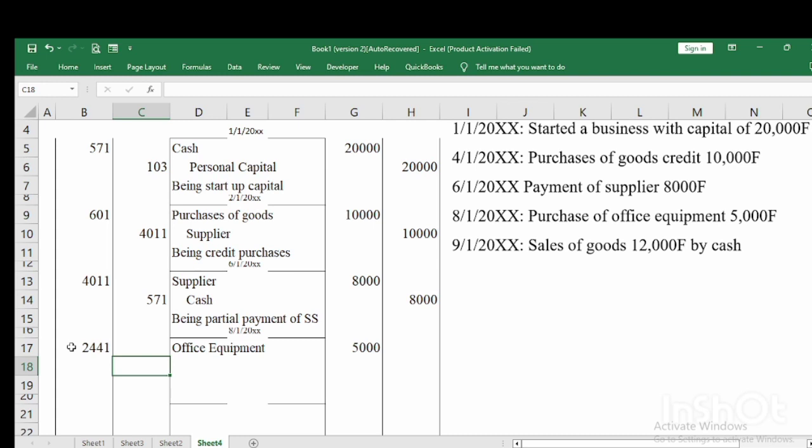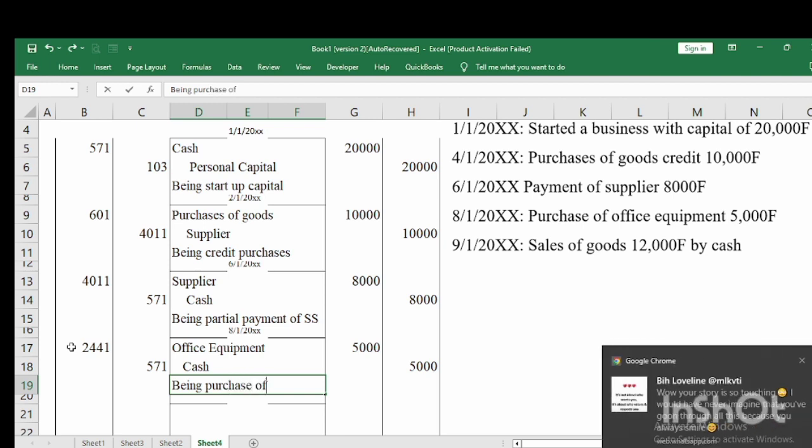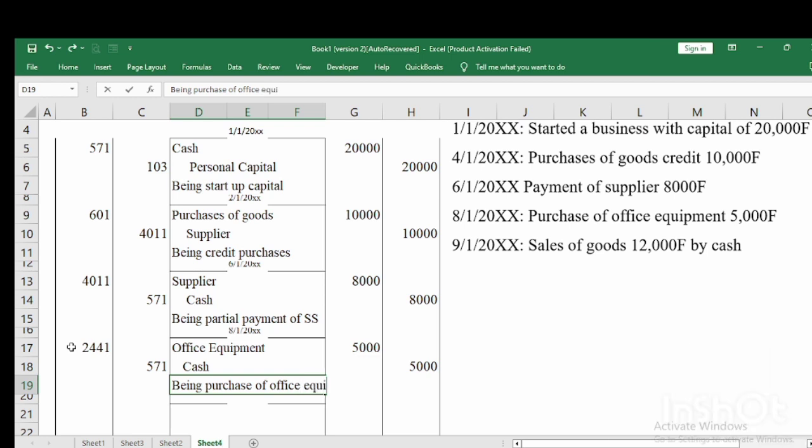The means of payment was not specified, but here we assume everything to be by cash, 571, cash 5,000. Awesome. Narration: being purchase of office equipment.